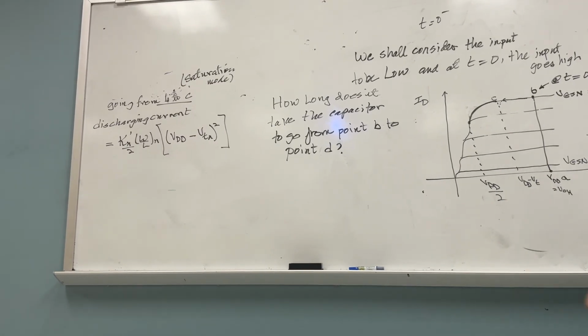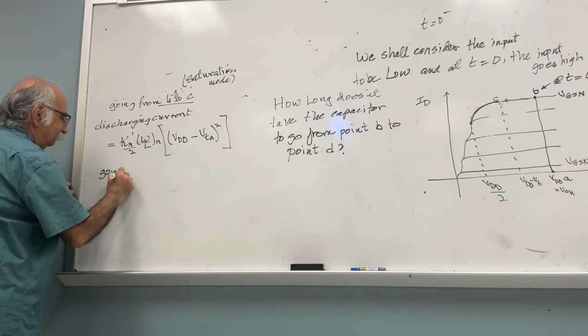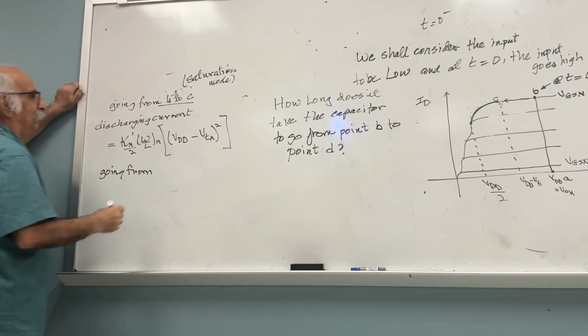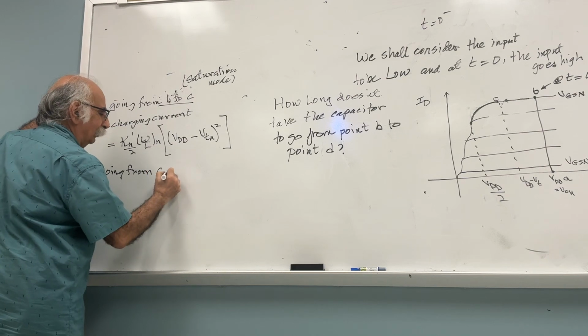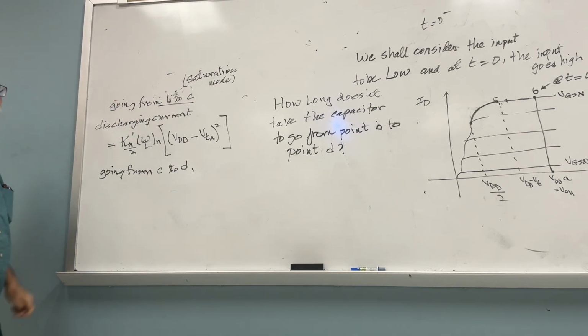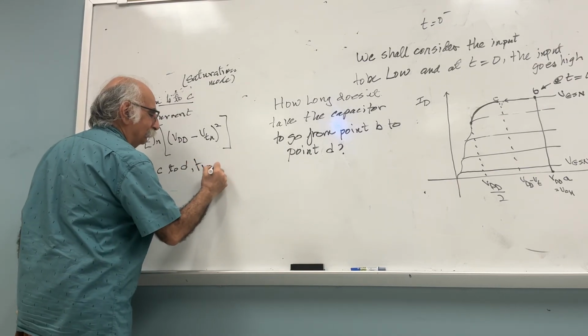Okay. Now, from C to D, the transistor is in which mode? Triode.